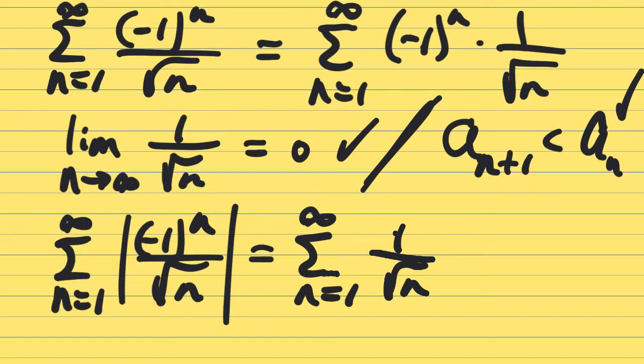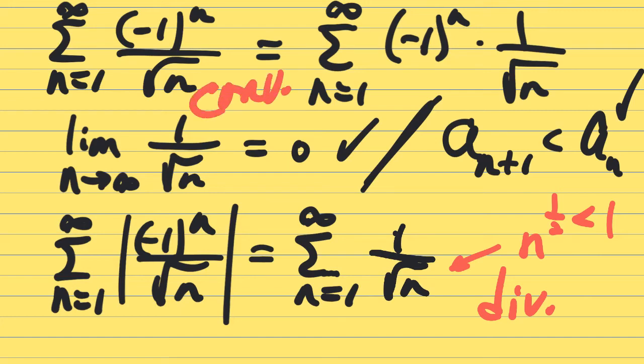Now from the p-series, this is n to the 1/2. And since that's less than 1, we have divergence. But the original was convergent because it passed both parts of the alternating series test.